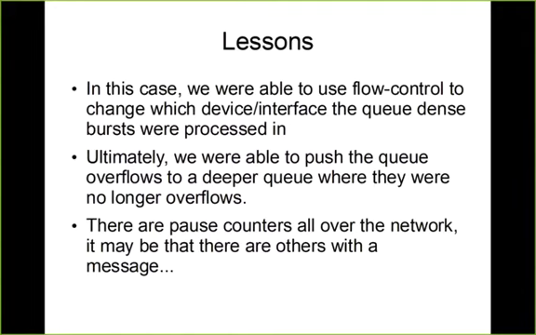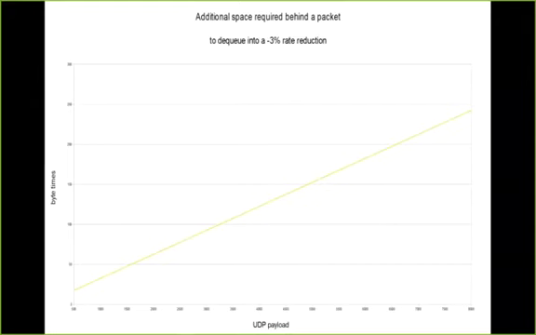And another slide that I don't really know where to put, but the additional space, why 9,000 byte MTU packets were more lossy than 1,500 byte MTU packets, is because in that 3% reduction step queue on the ONS, an 8,000 byte payload requires 242 byte times behind it of silence in order for it to be dequeued on the WAN-PHY side.